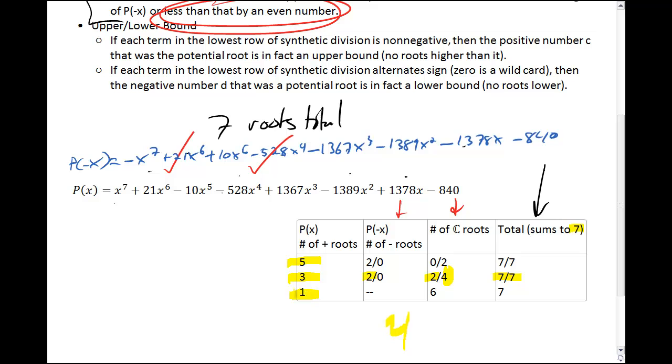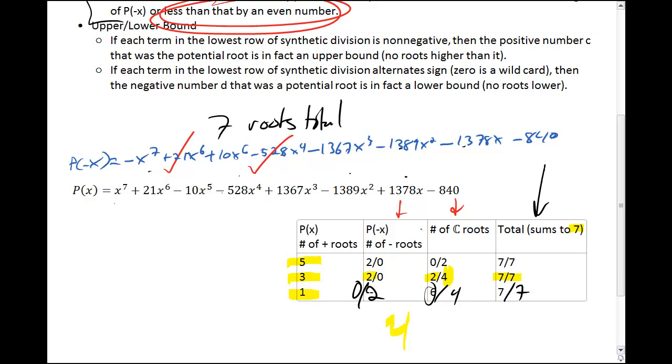And finally, if I have 1 real root, well, what could I have? I could have 2 negative roots, and in which case I could have 4 complex roots, or I could have 0 negative roots, in which case I have to make up all 6 here.